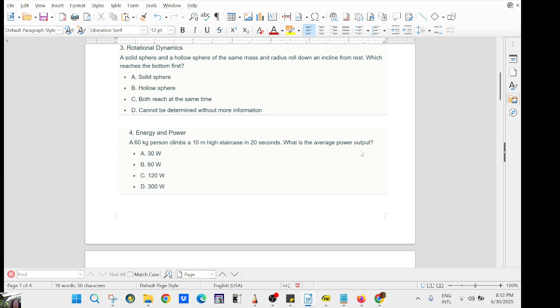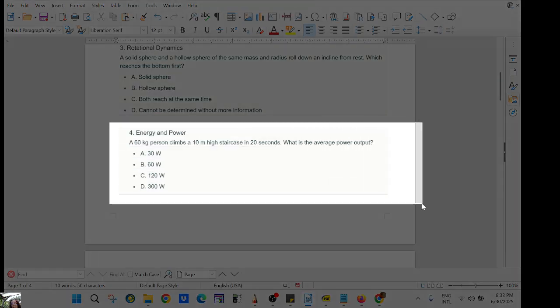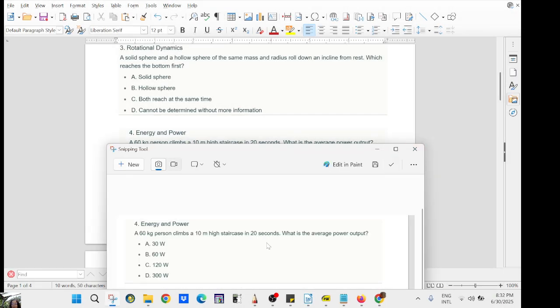So average power output. This one, you should pause the video. It's not a hard one.